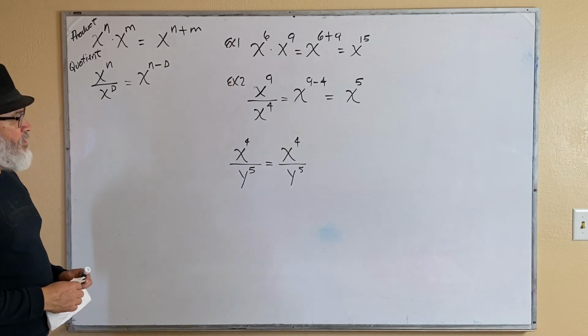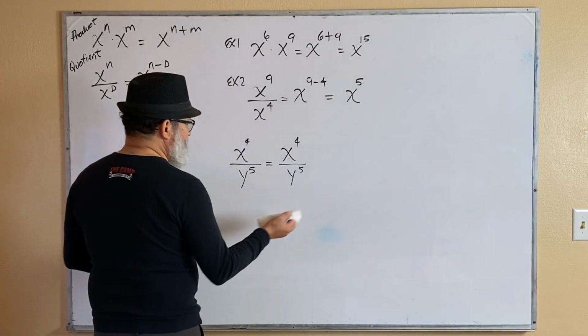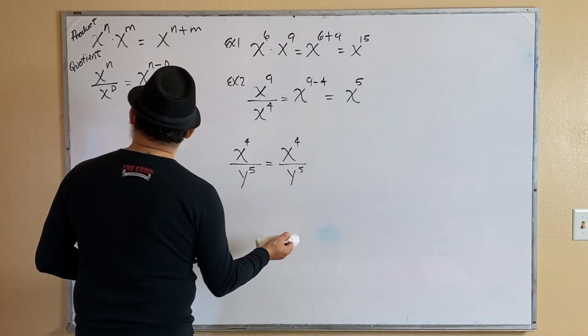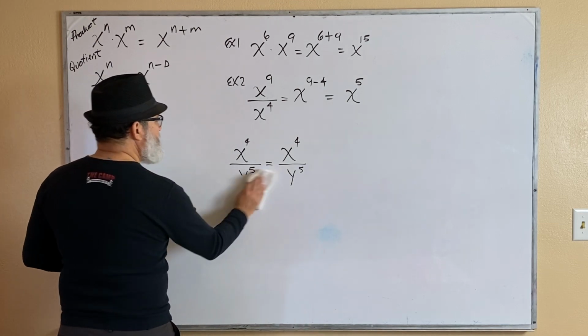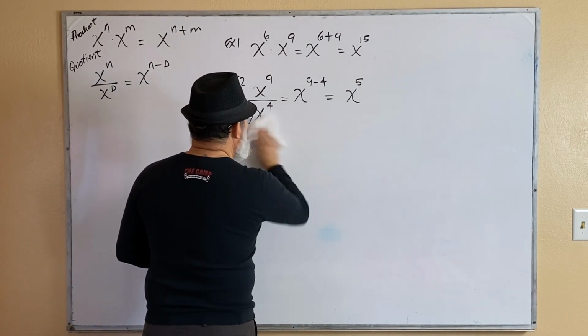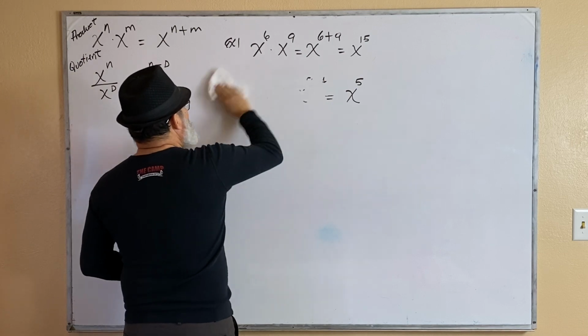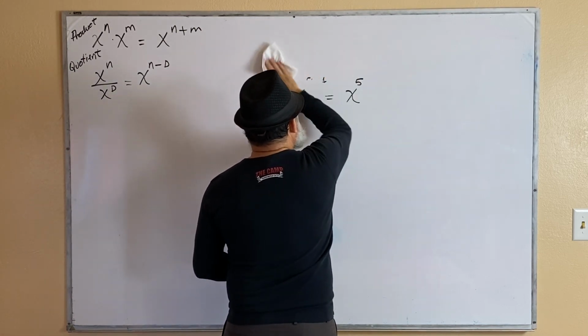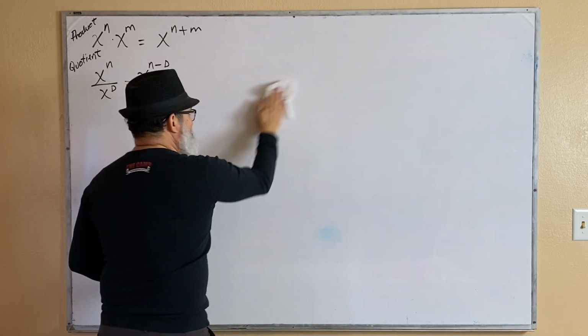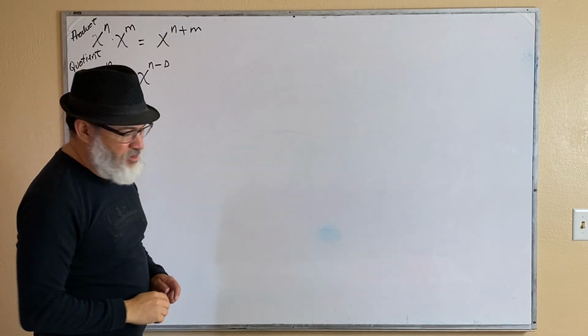All right. Now, I'm going to erase this because obviously I need the room. And let's look at more exponents. Let me give you an example first. Example number 3. Watch this.